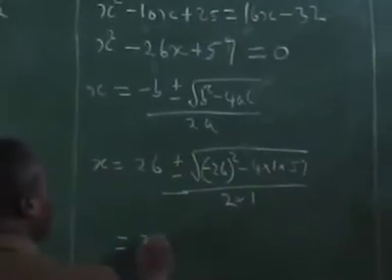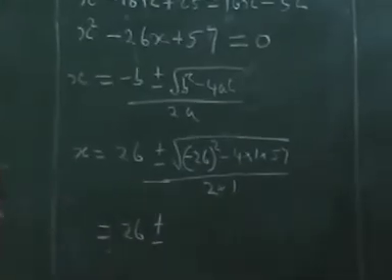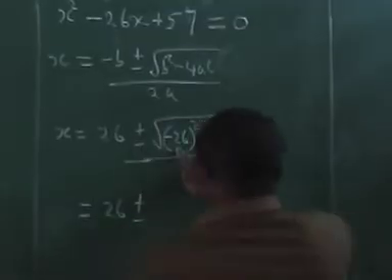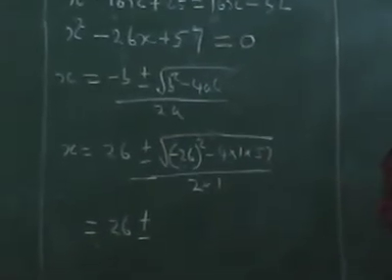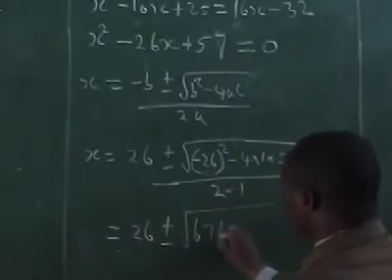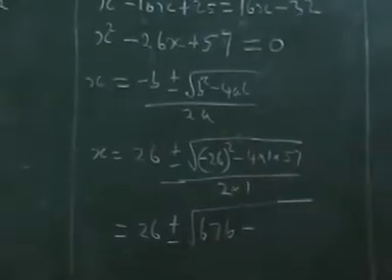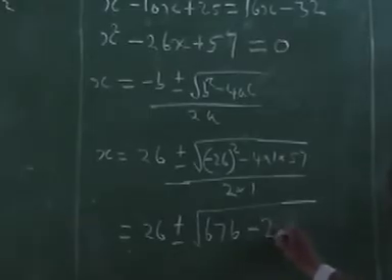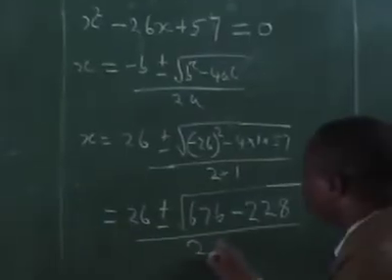So this will be the same as 26 plus or minus square root of 26 squared, that is 26 square. The 26 square will give us 676 minus, now we have 4 times 57, which gives us 228, all over 2.